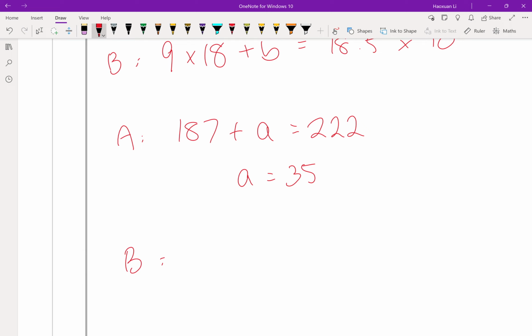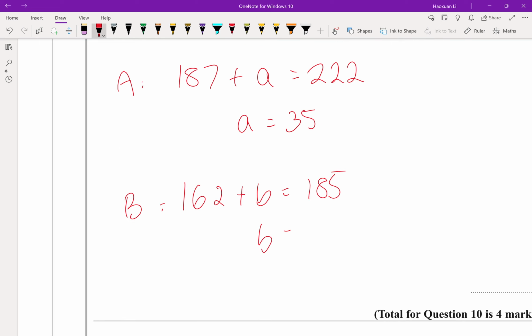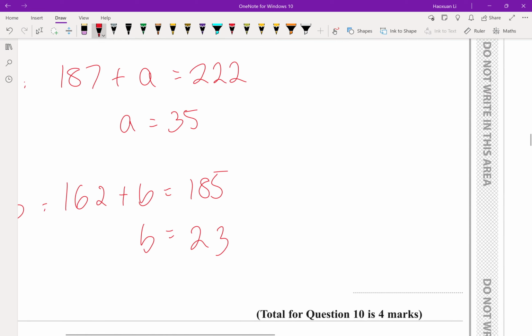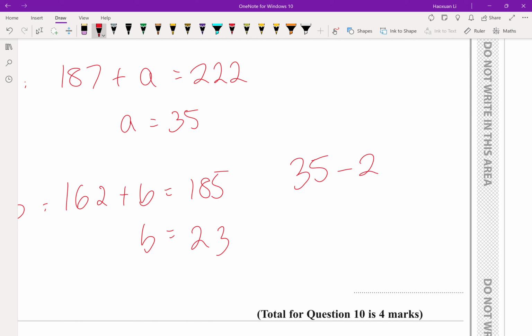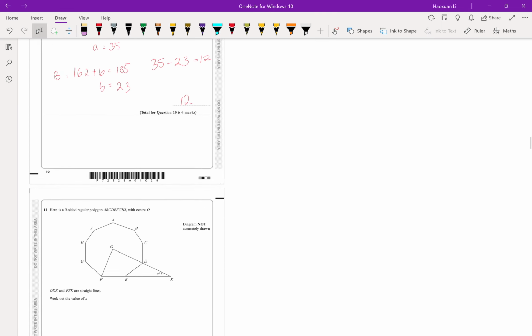B will be 162 plus B equals 185, and B is 23. So 35 minus 23 will be 12. So the answer here will be 12.